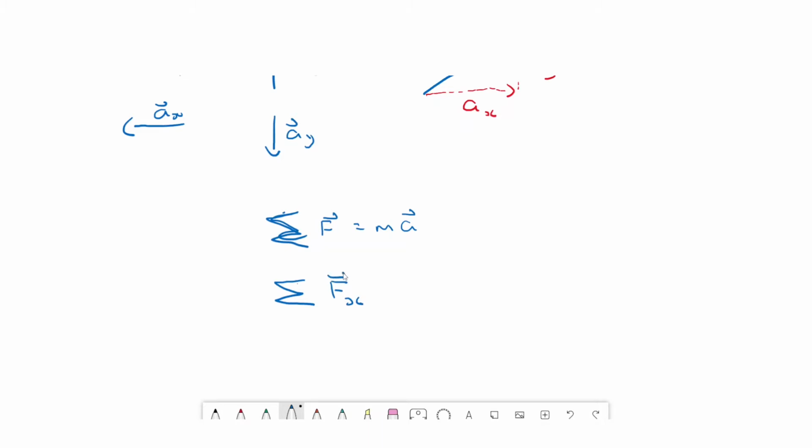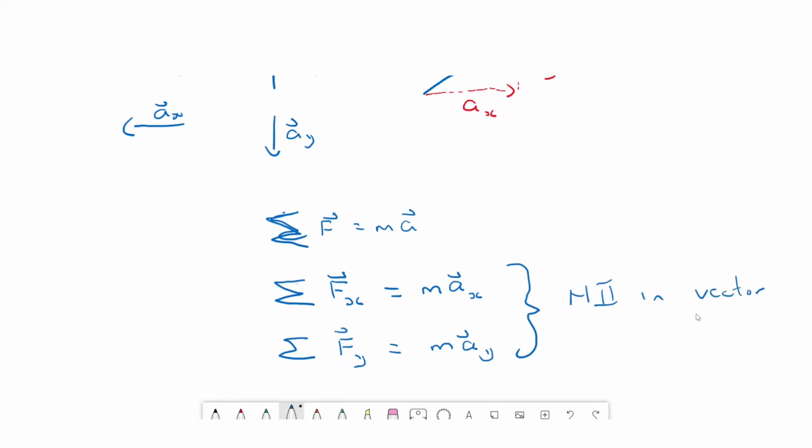I'm only going to look at the forces in the x direction, and those forces will be equal to the mass multiplied by the acceleration in the x direction. Afterwards, I am going to look at all the forces in the y direction. Those forces are going to be equal to the mass multiplied by the acceleration in the y direction. So this is Newton's 2nd law in vector component form.